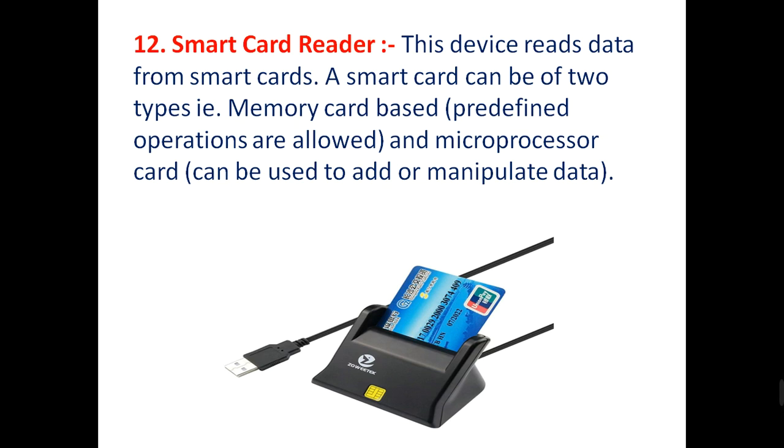That information can be either predefined or further that can be modified also using a smart card reader device. So this is all about the input devices which we generally use with our computers.